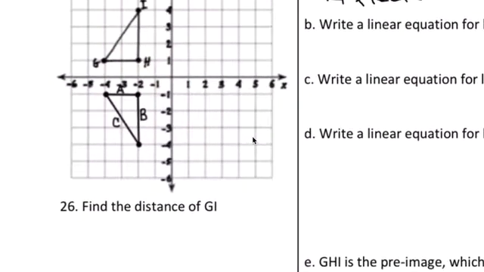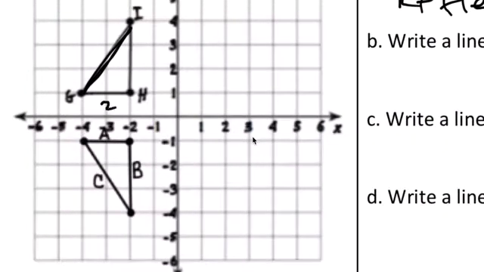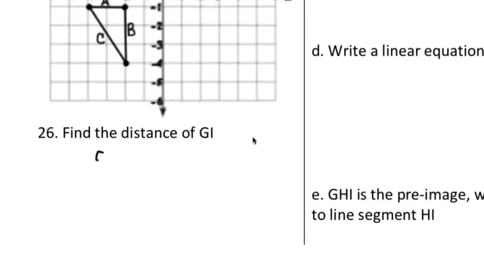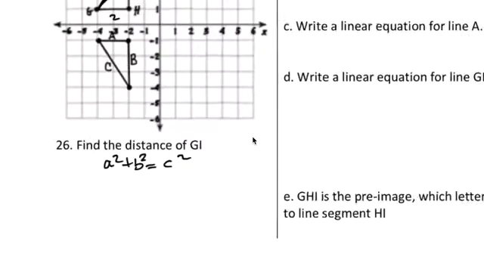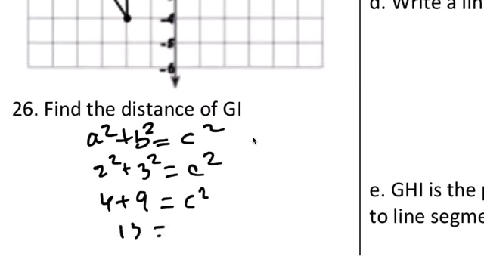The distance of G and I. Okay. This is 2, this is 3. We want to find that. You can do Pythagorean theorem. And we get 4 plus 9, 13 equals c squared.